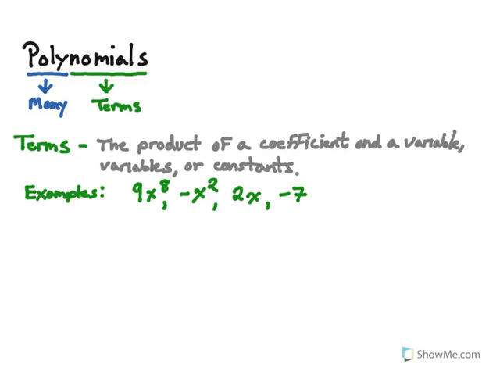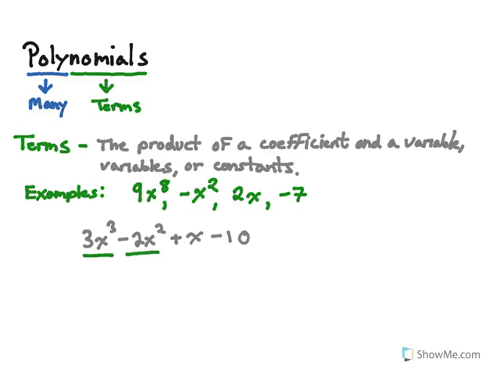So if I have a polynomial, for example, let's say I had 3x to the 3rd power minus 2x squared plus x minus 10, then all of the terms would be 3x to the 3rd power.